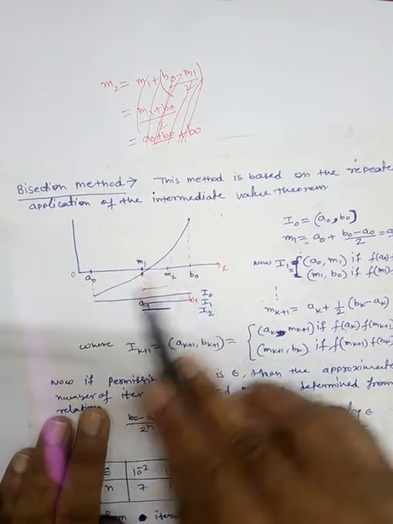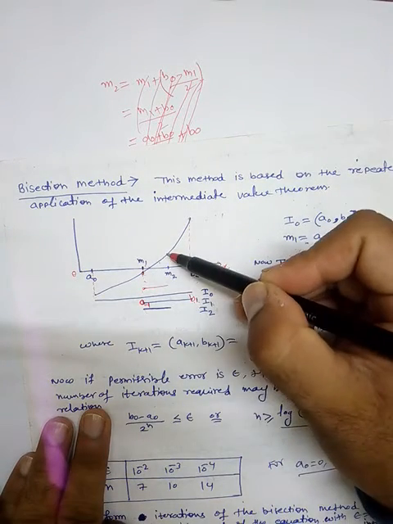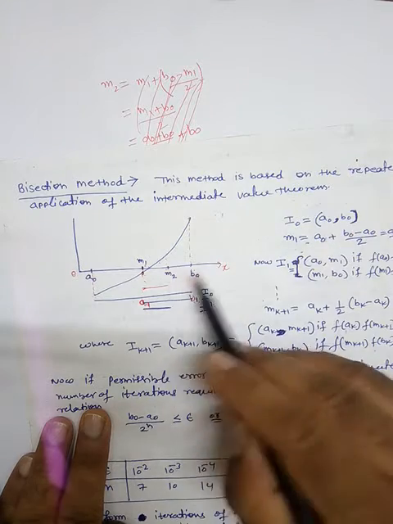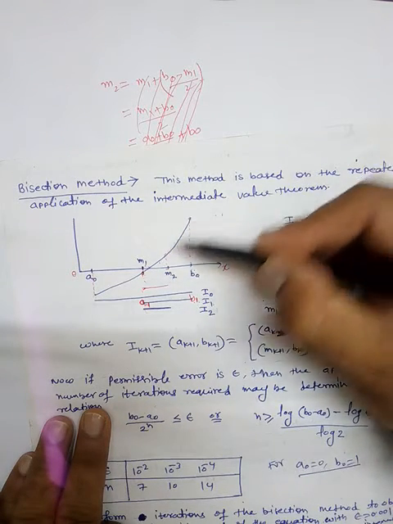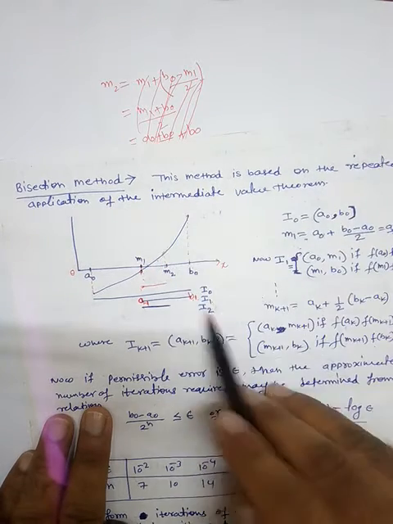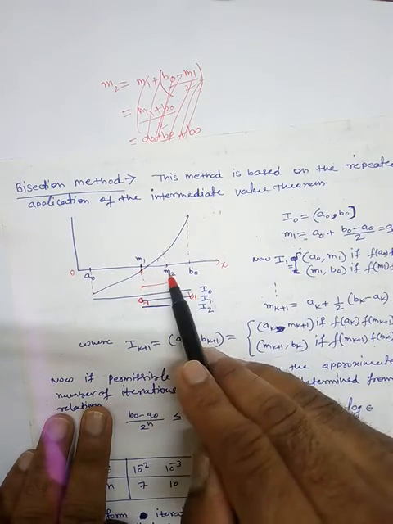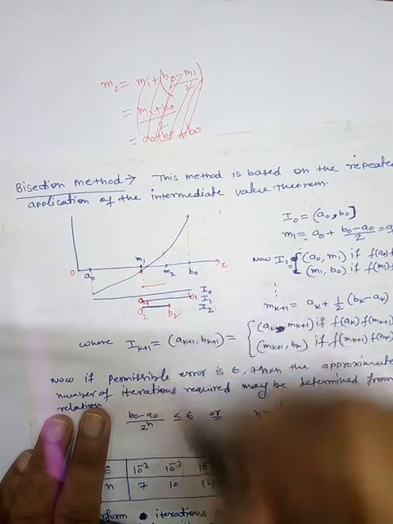As far as this figure is concerned, we will select this interval because here the value is negative, here is positive. However, in this interval, this value is positive, this value is positive, so their product is positive, so there is no need to consider this interval. So the next interval I2 is basically M1 to M2, and this is renamed as A2 and B2.